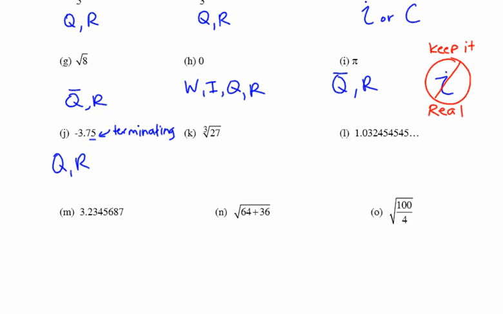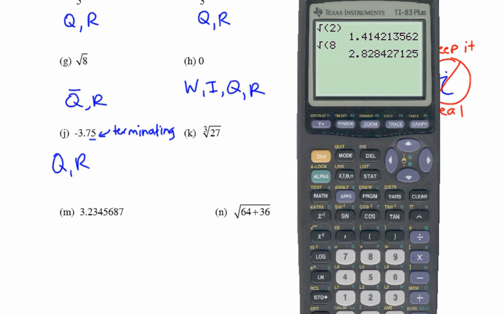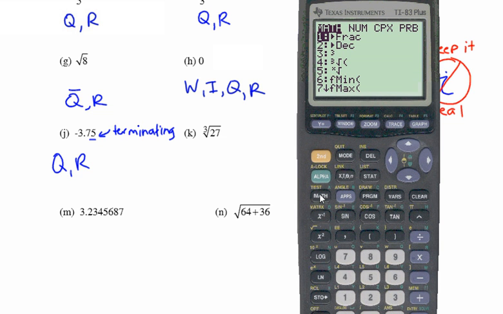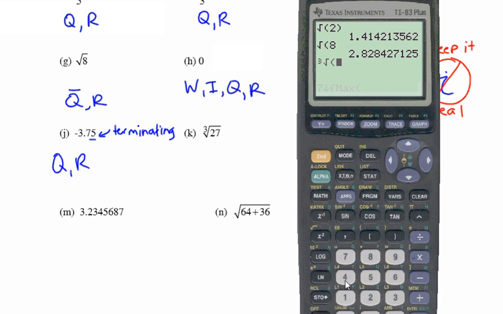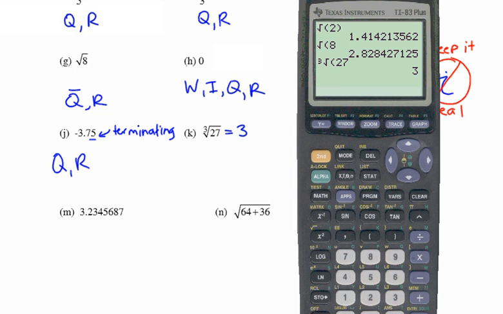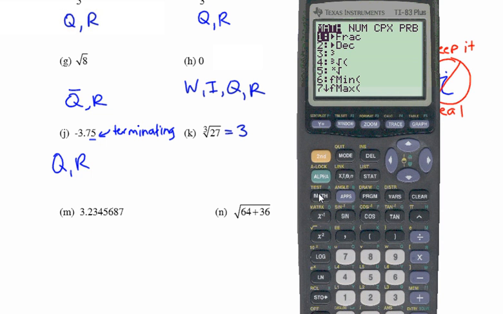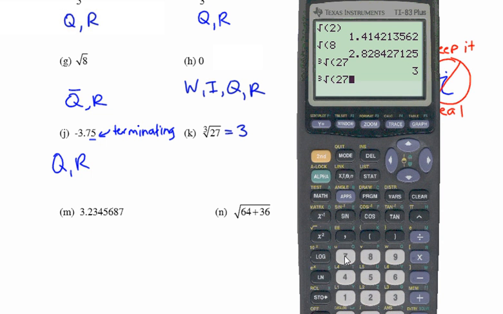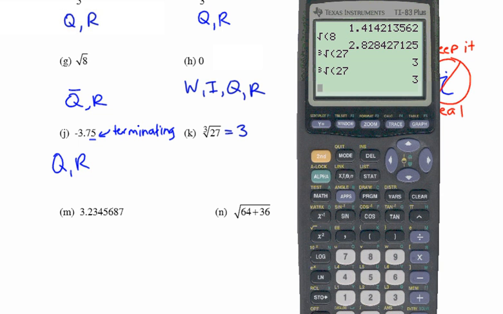All right, do you guys know how to type in cube root of 27 on your calculator? Using the math key. So push math, number 4, and 27, enter. The cube root of 27 is 3, because 3 times 3 times 3 equals 27.